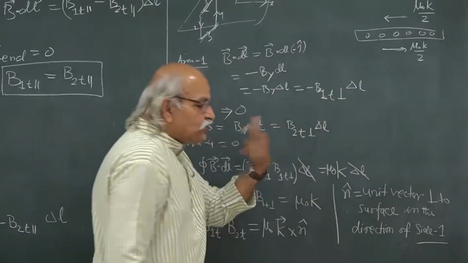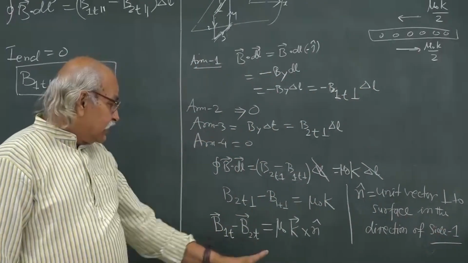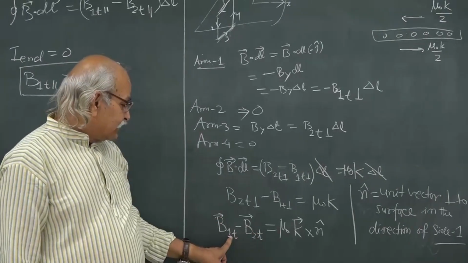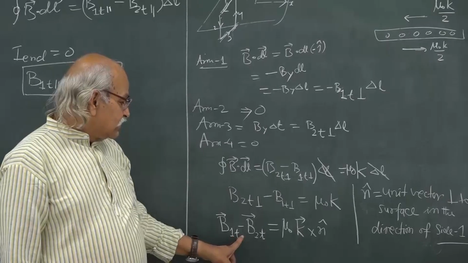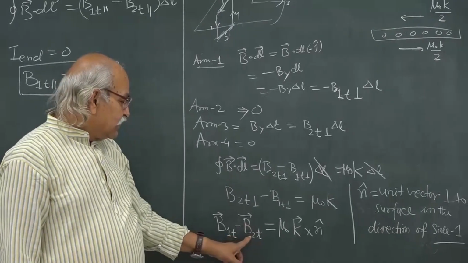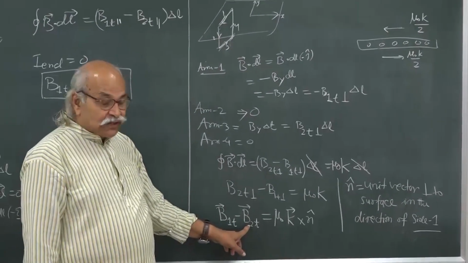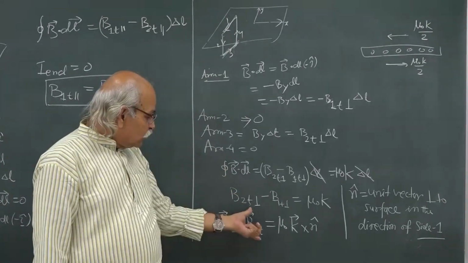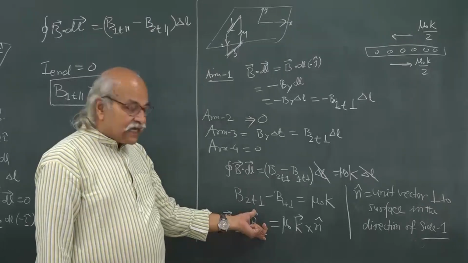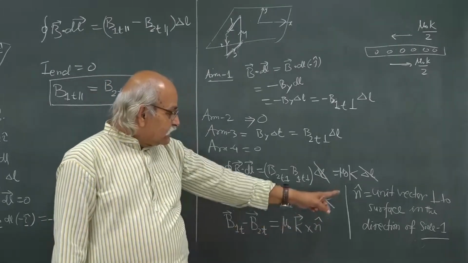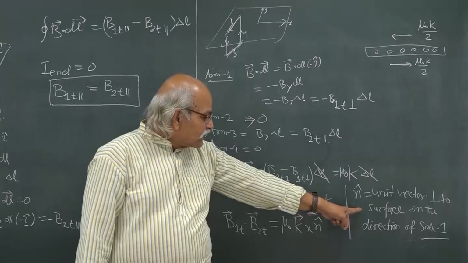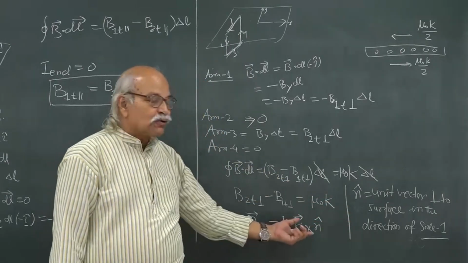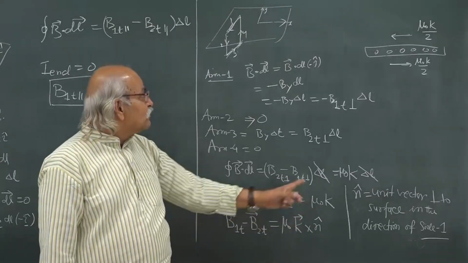You decide which side you want to call side 1, and then be consistent. This is the tangential component in side 1, and this is the tangential component in side 2. Whatever you decide is side 1 has to be written here, and side 2 will go here, and then this n cap is the unit vector perpendicular to the surface in the direction of side 1, and this will be true.